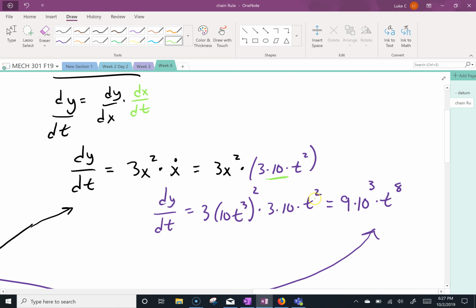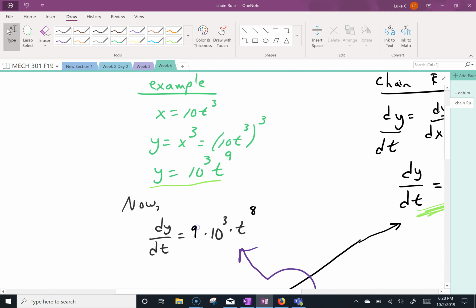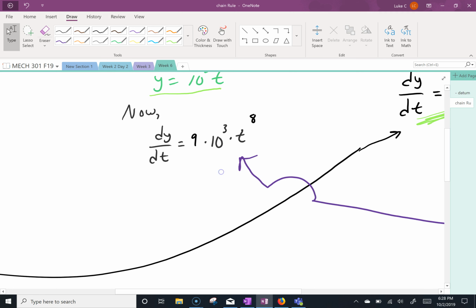We add 2, we get 8. So we have now 3 times 3, which is 9, and then 10 squared plus 1 gives you 10 to the third. So using the chain rule is the same thing as doing it if we know how to plug in x. So that's the chain rule.